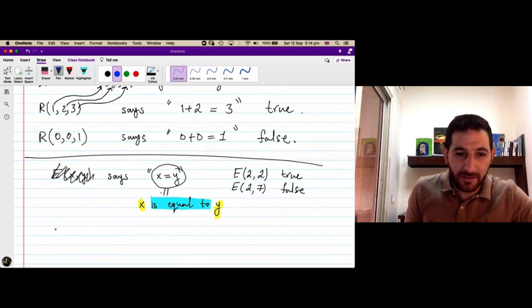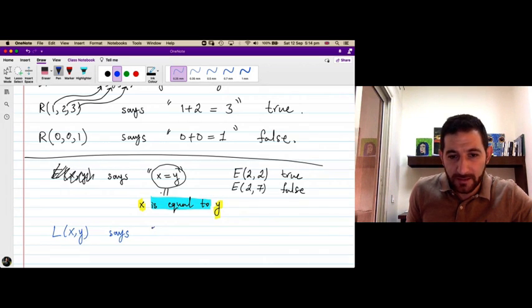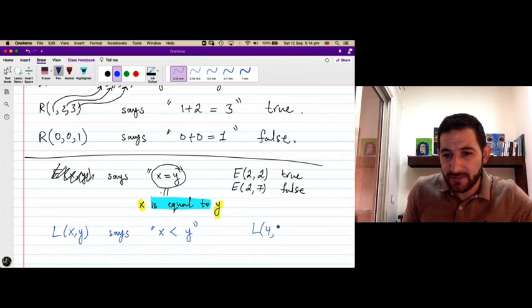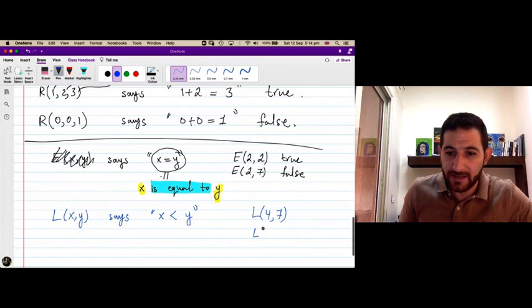Similarly, you can look at L(x, y), which says that x is strictly less than y. So L(4, 7) is true because 4 is less than 7, but L(7, 4) is not true. So this is a false proposition, and this is a true proposition.